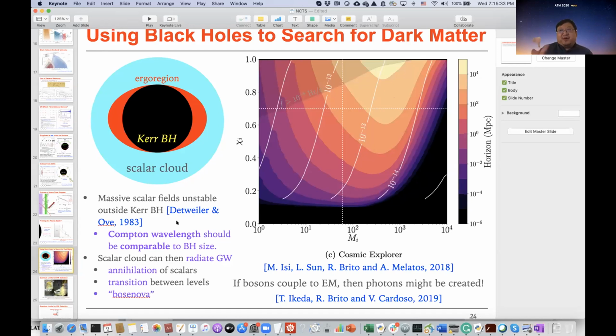So as a Penrose process, basically it means that the energy of the rotation of the black hole is extracted, and in this case, in the form of a heightened amplitude of the scalar field.